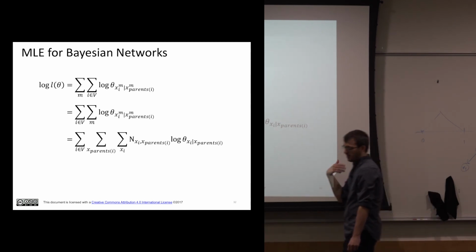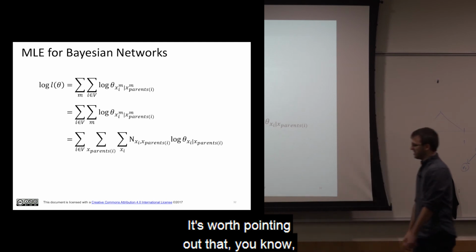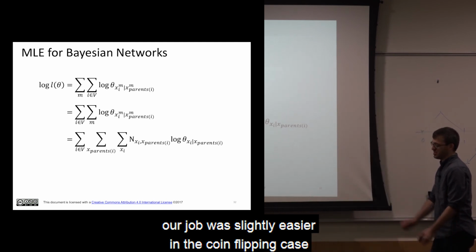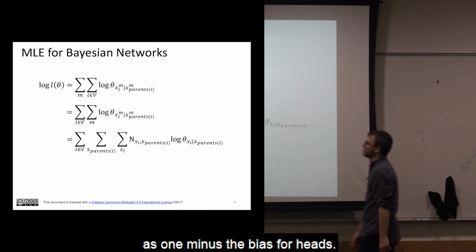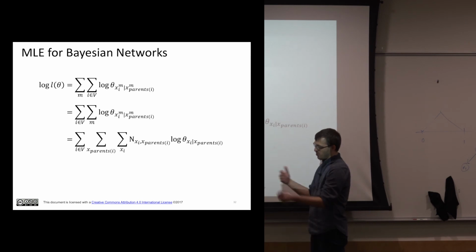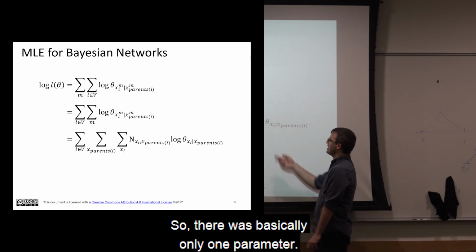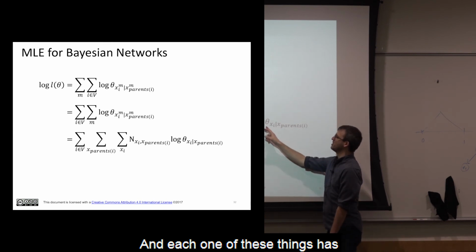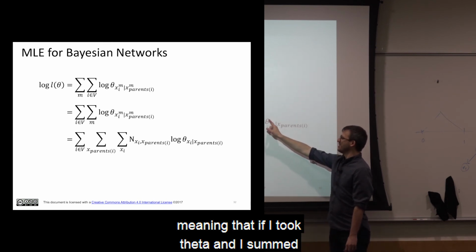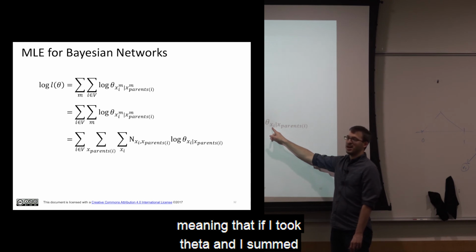It's worth pointing out that our job was slightly easier in the coin flipping case because we wrote the bias for heads and the bias for tails as 1 minus the bias for heads. So there was basically only one parameter. Here we have a bunch of parameters, and each one of these things has to be a conditional probability distribution, meaning that if I took data and I summed over all different values of xi, it should sum to 1.